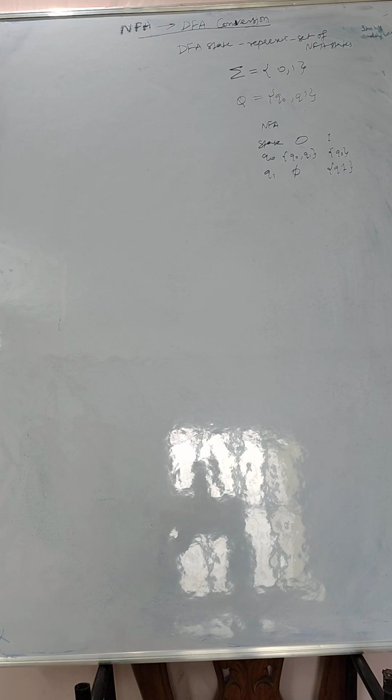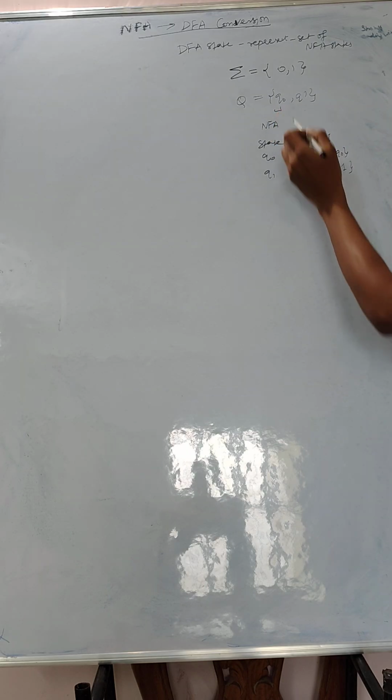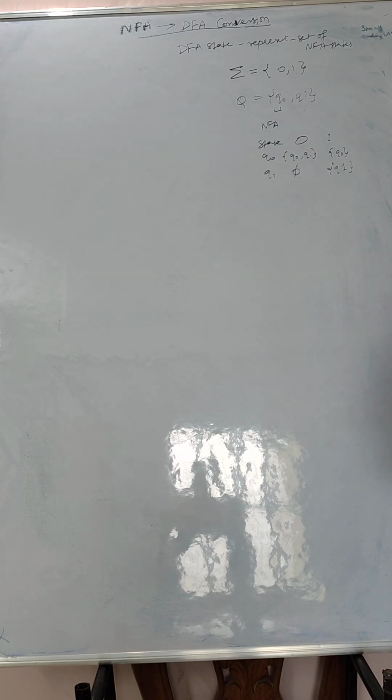Now, one DFA state is equal to a set of NFA states, and the DFA start state is Q0. NFA start state is Q0, so the DFA start state becomes {Q0}, right?